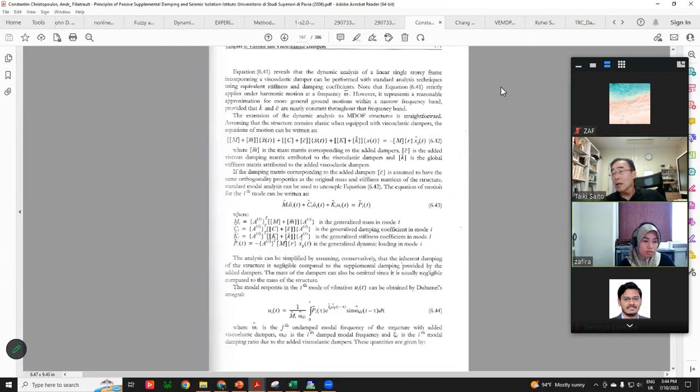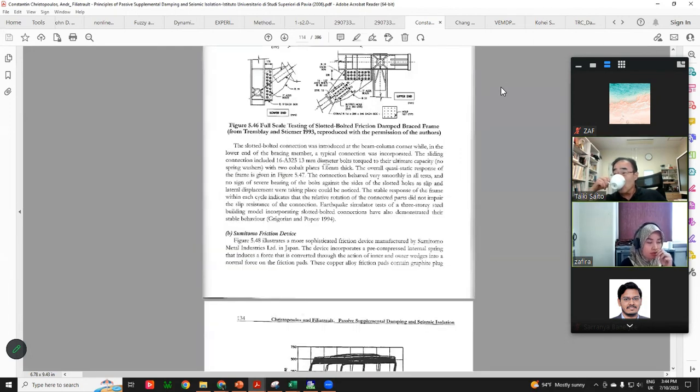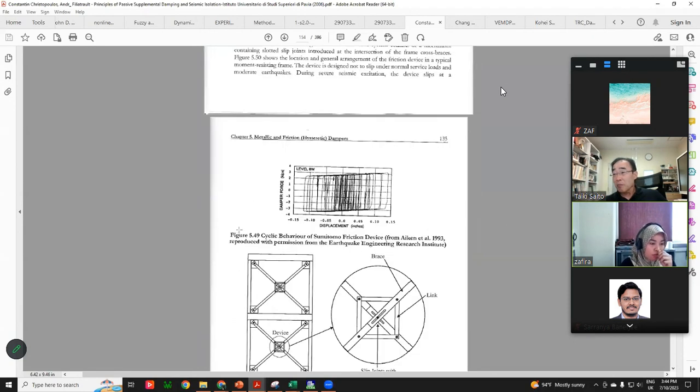This one, they have different hysteresis.